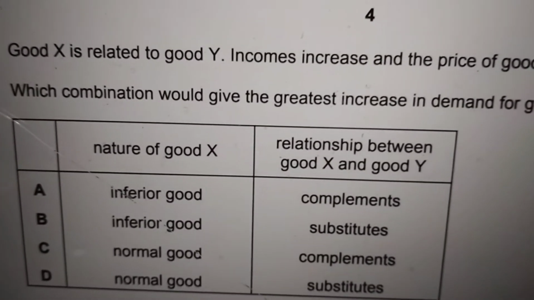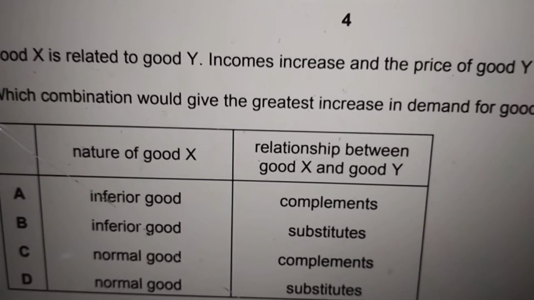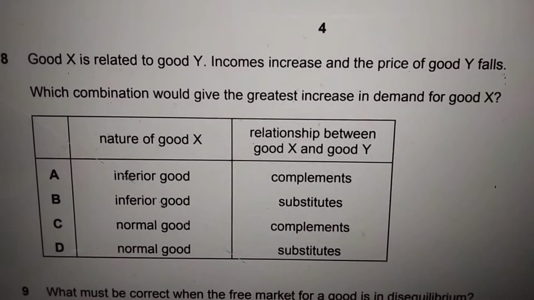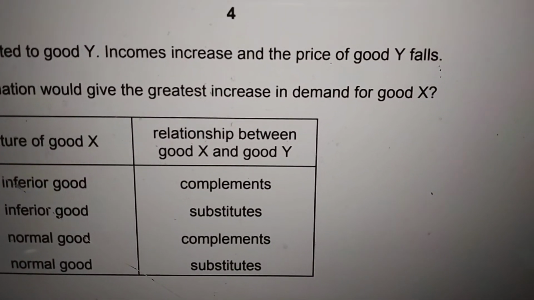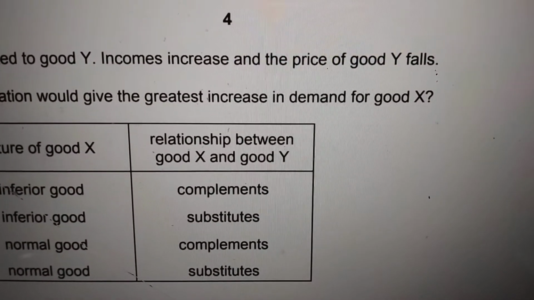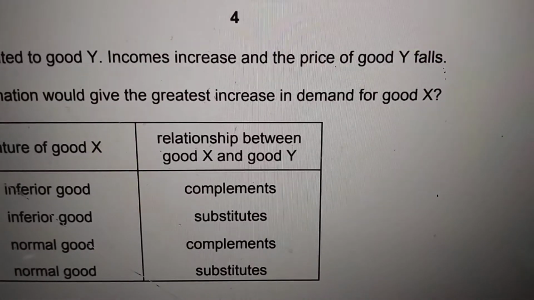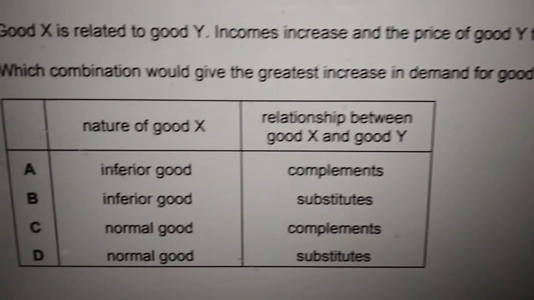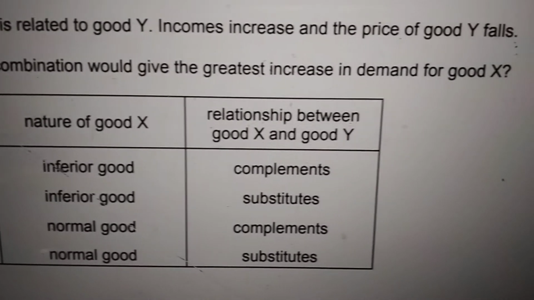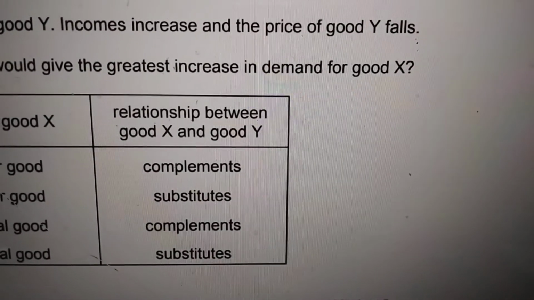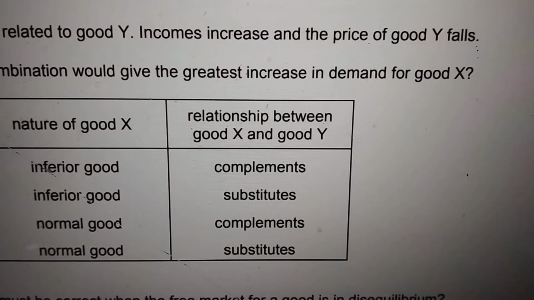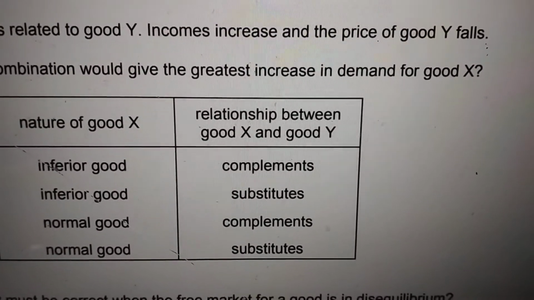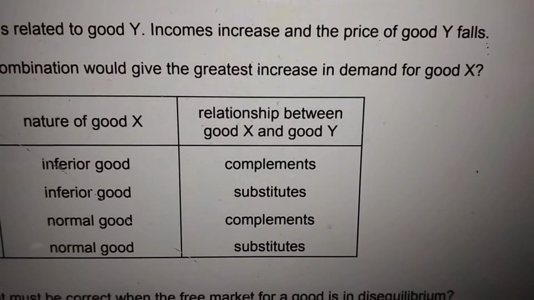Question number 8, good X is related to good Y, so it means that either they will be substitutes or complements. Incomes increase and the price of the good Y falls. So good Y will be an inferior product and incomes are increasing. Which combination would give the greatest increase in the demand for good X? So if good X is a normal good, then with the increase in the income, its demand will definitely increase.